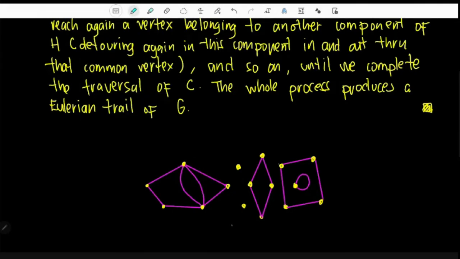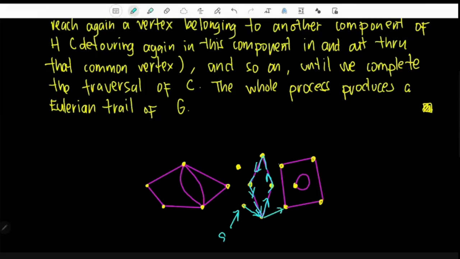So let's say we start at this point of the cycle. So we trace the cycle and then once we've reached a component, iikot lang tayo dun sa Eulerian circuit once. So this is the Eulerian circuit a while ago that we made on this component. And then once we're back here, tuloy na natin yung cycle.